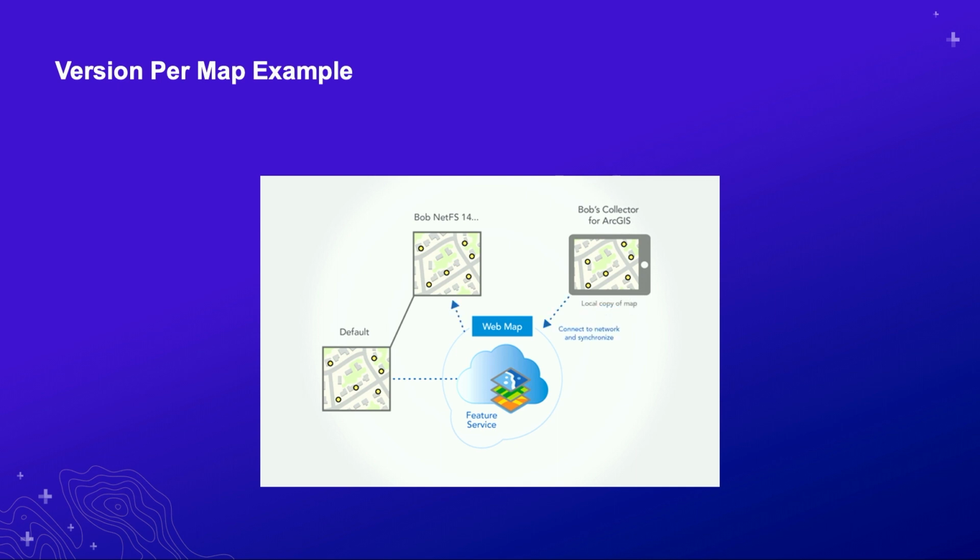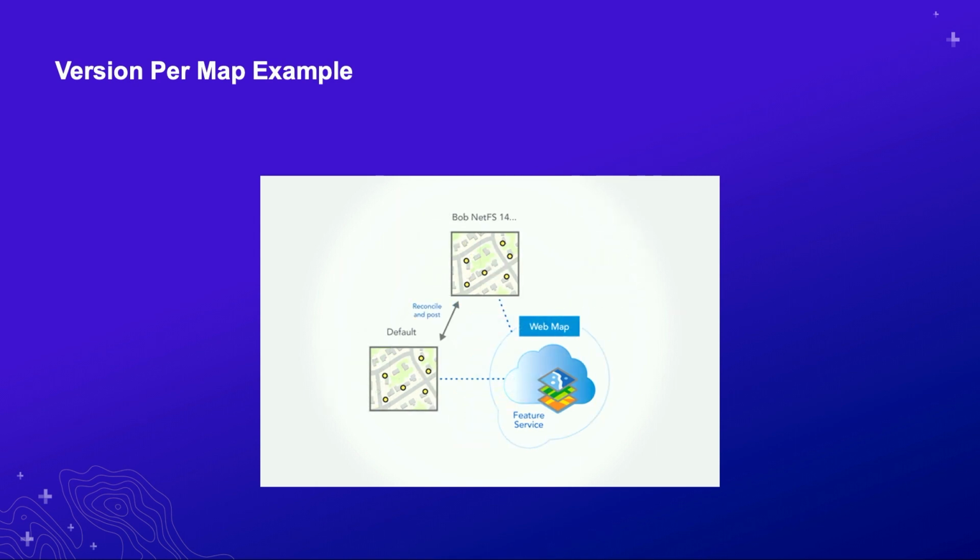Any changes that happen against that version, and then when that version is finished with, there's a reconcile and post that happens to push them back into the default version.